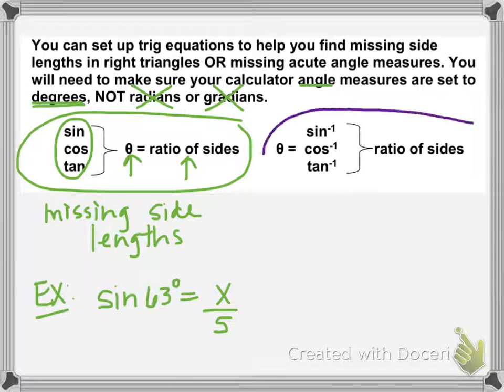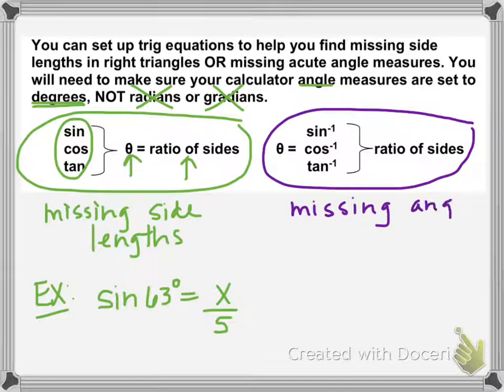The setup on the right, this is what it'll look like when we're trying to find missing angle measures. Now the cool thing about finding missing angle measures in a right triangle is if you find one of the acute angles, you know the other one because it adds together to equal 90. So the way this works is this symbol right here, this theta, that represents an angle measure.